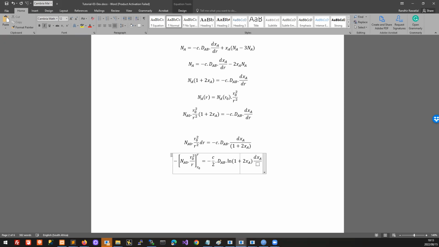Let's do it like that. Right, and we've integrated this. So this is between limits at the surface. So this is going to be x a naught, and at some arbitrary position r, where we define the mole fraction to be xa.